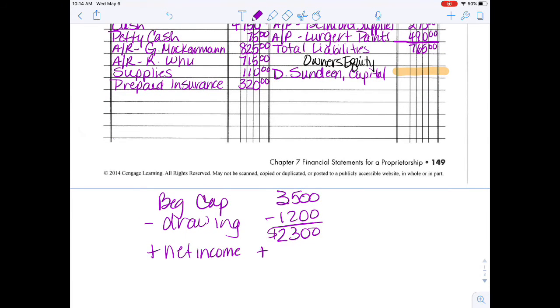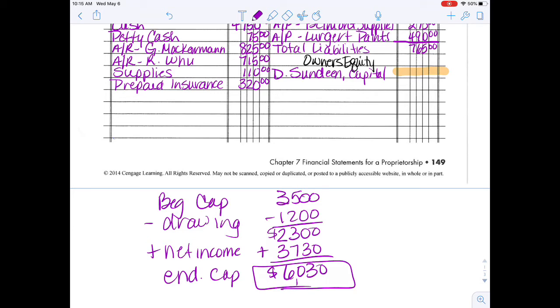So we're going to plus $3,730. If we do that, my ending capital is $6,030. That's what goes up here now. So this is 6,030.